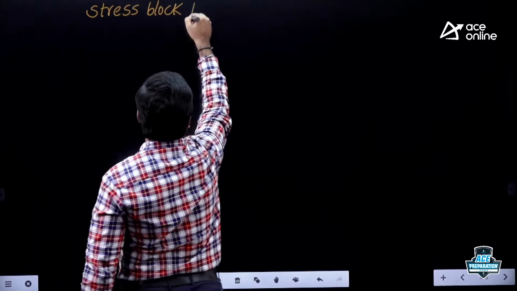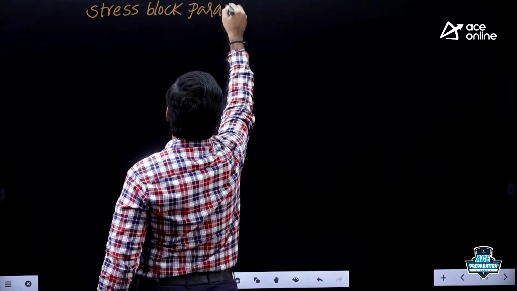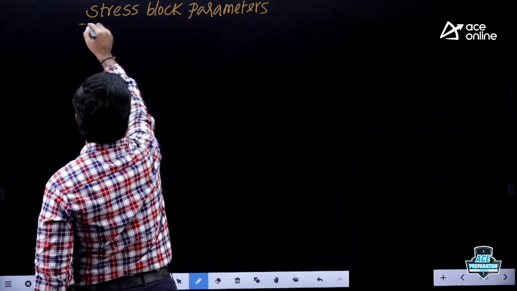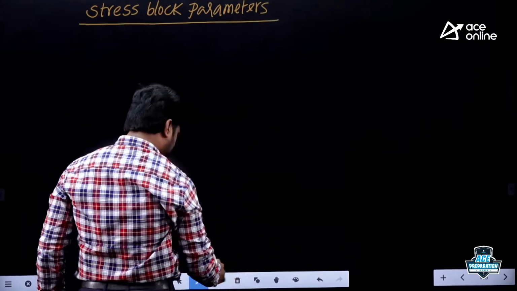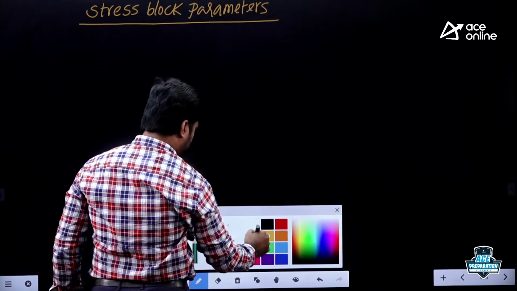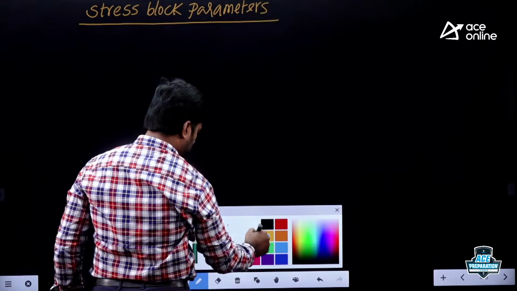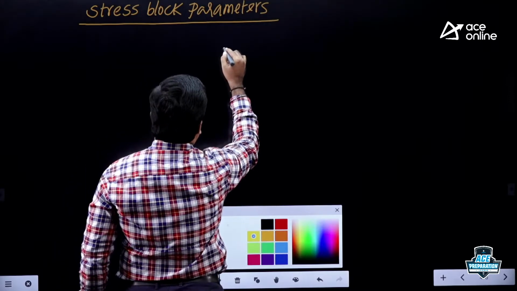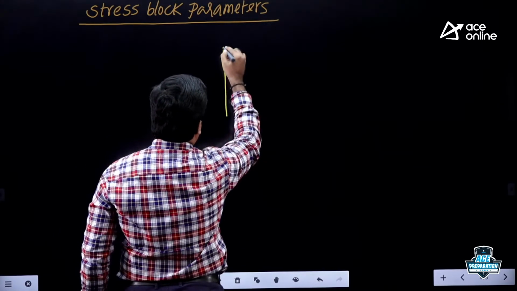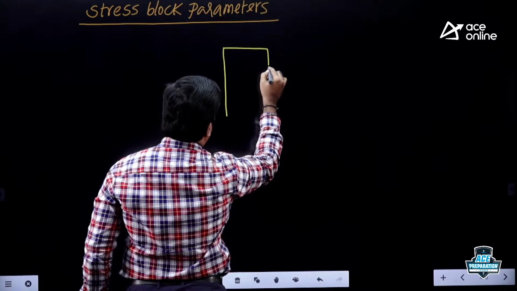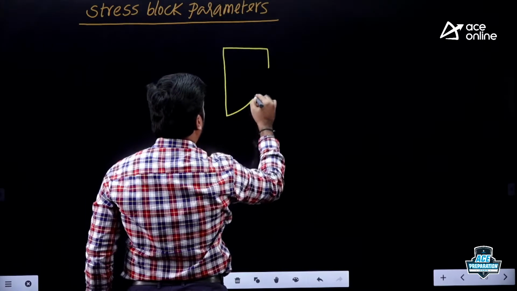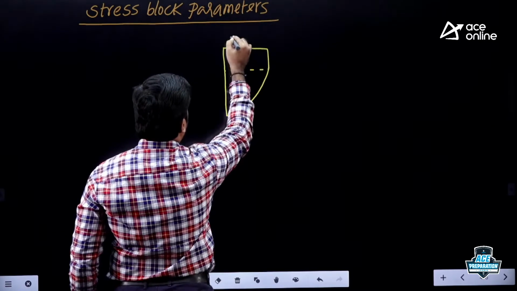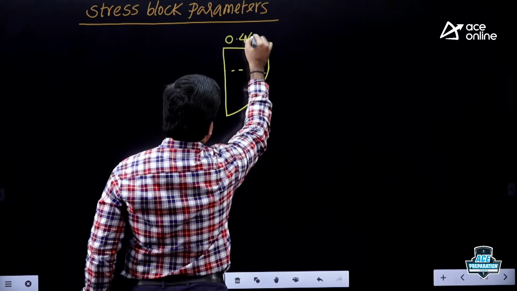I'll give you first the stress block. This is a stress block, right? Partly rectangle, then partly parabola. Design strength of concrete is 0.446 fck.